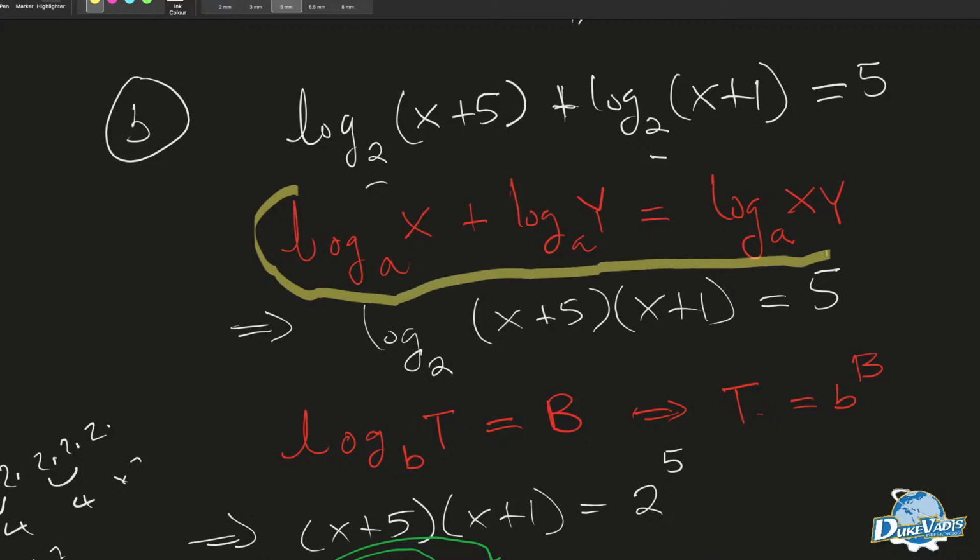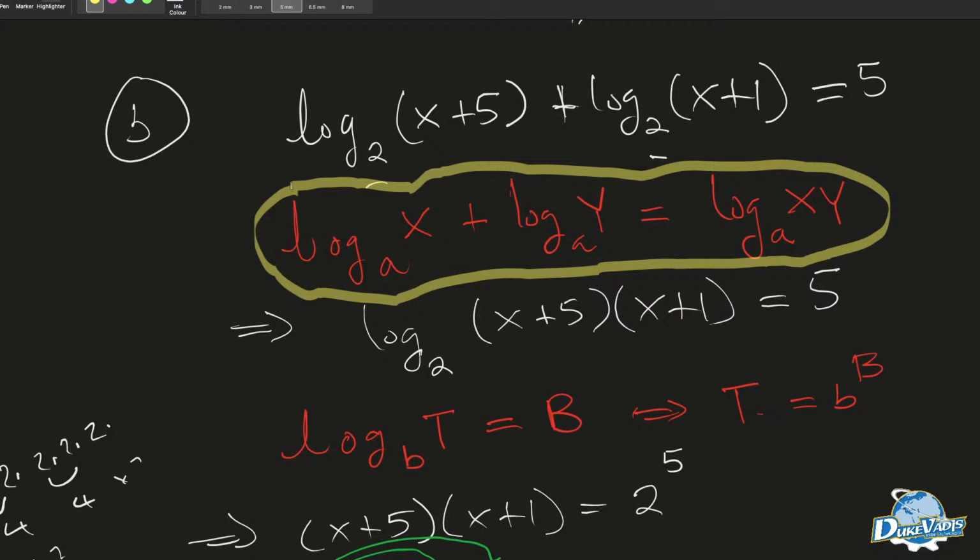This is the addition property of logarithm. Have you seen how it is? So we apply this principle. On the right hand side, log to the base a of x plus log to the base a of y is similar to the equation given.